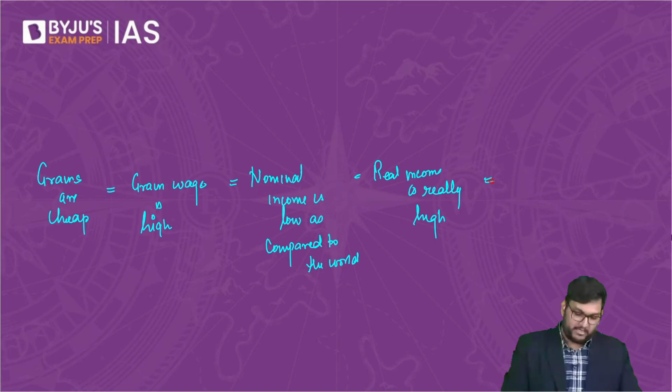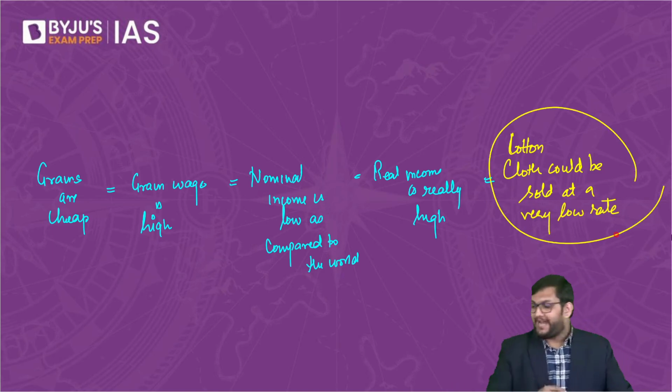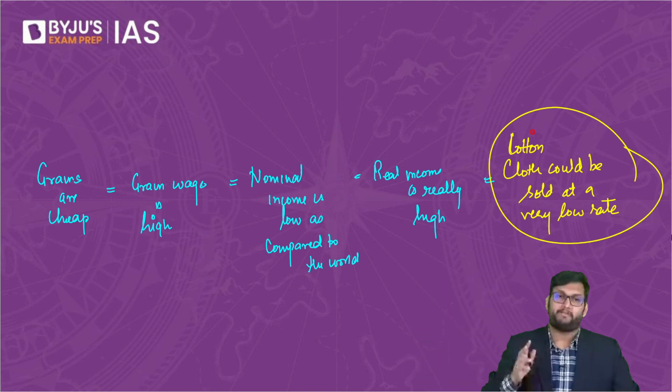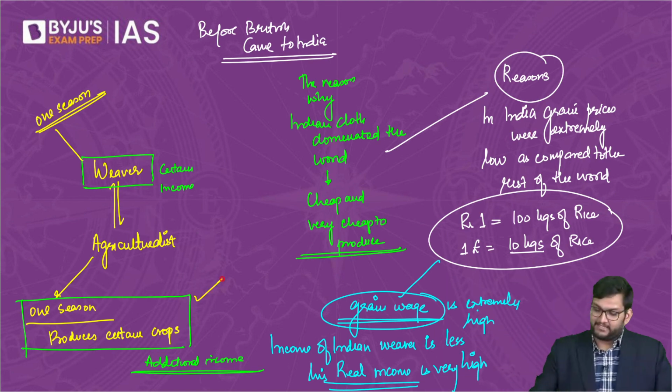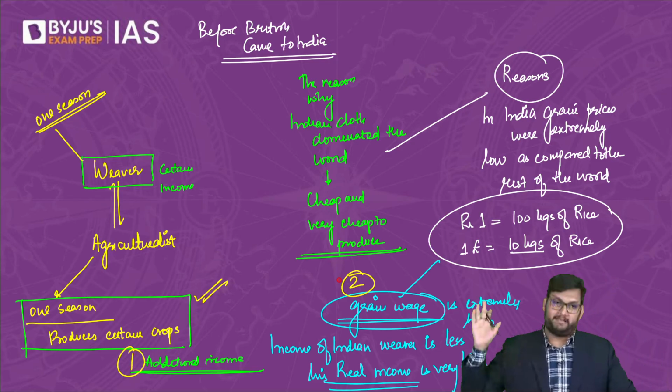Therefore, cotton cloth could be sold at a very low rate. Are you understanding the advantage of India? There are two advantages. First, he has additional income, and second, the grain wage is extremely high.